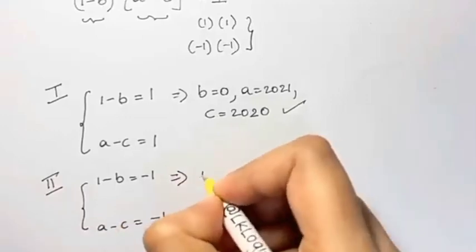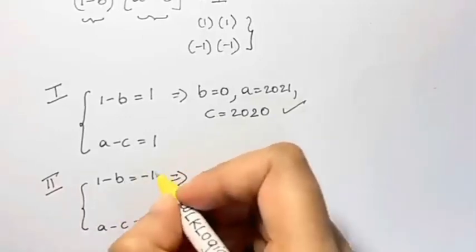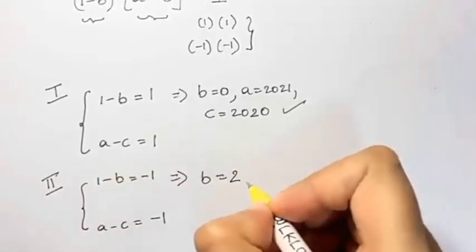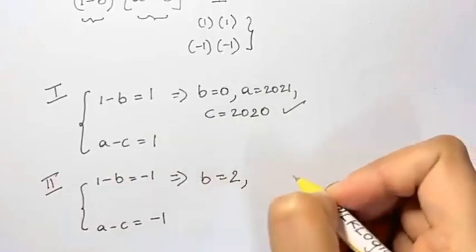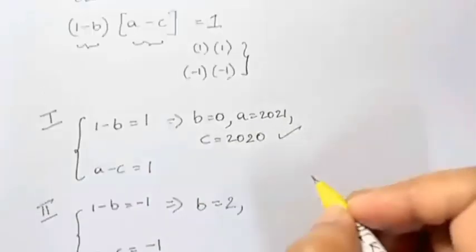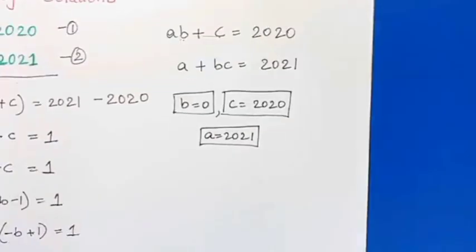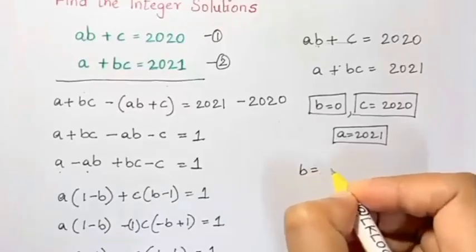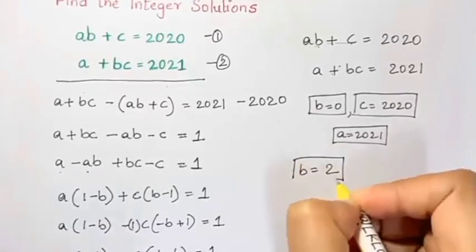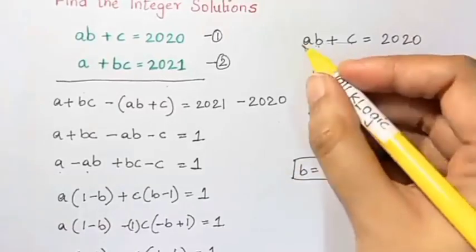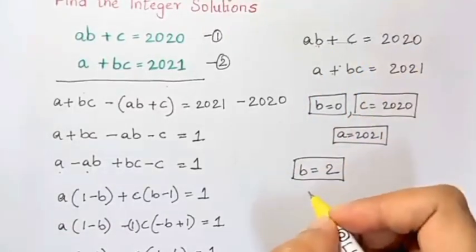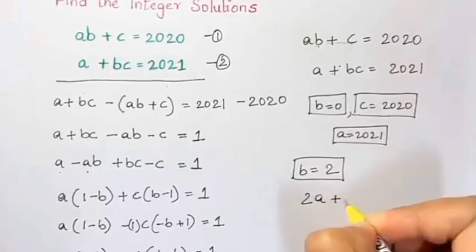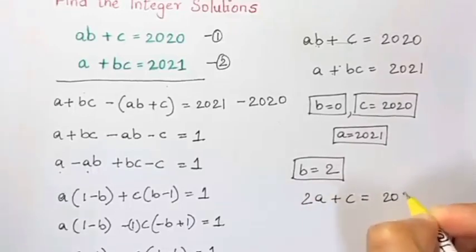What do we have? The value of B is equal to 1 plus 1, that is equal to 2. So what is the value of A and C here? So let's substitute B is equal to 2 in the equations. What are the two equations? 2A plus C is equal to 2020.